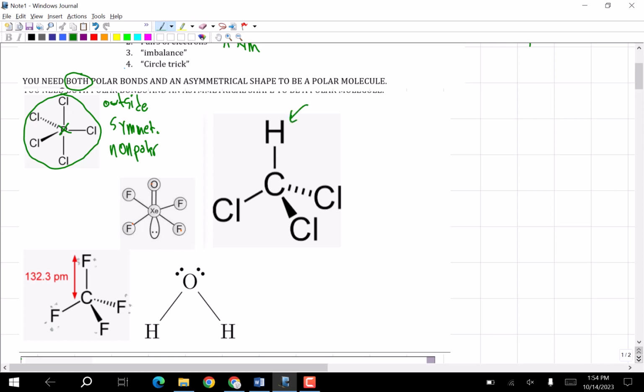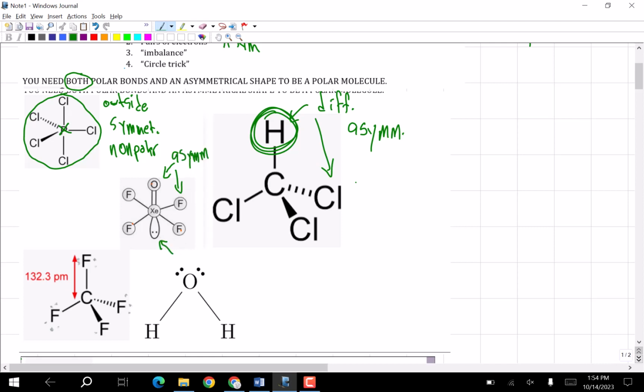See this guy right here? Those are different. Because they're different, that means this is an asymmetrical shape. Remember, symmetry means balance. And see how this has a hydrogen end and this has chlorine ends? That's not balanced. This one right here, see how O is different than F? That tells me it's asymmetrical.